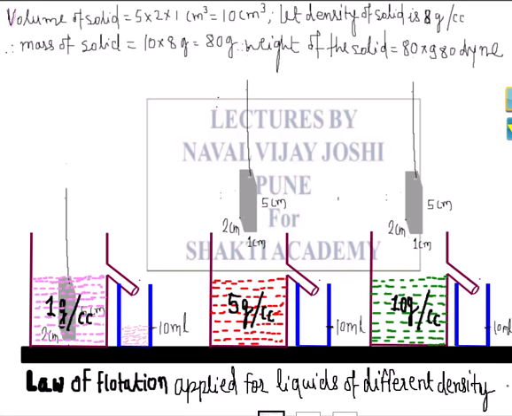Now here how much would be the weight of the displaced liquid, we would calculate. See here, weight of the displaced liquid is equal to volume of displaced liquid, which is equal to the volume of solid according to Archimedes' first law.